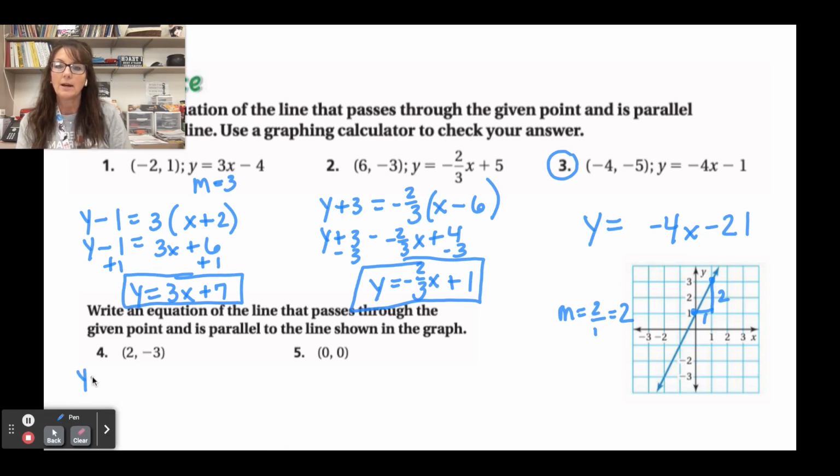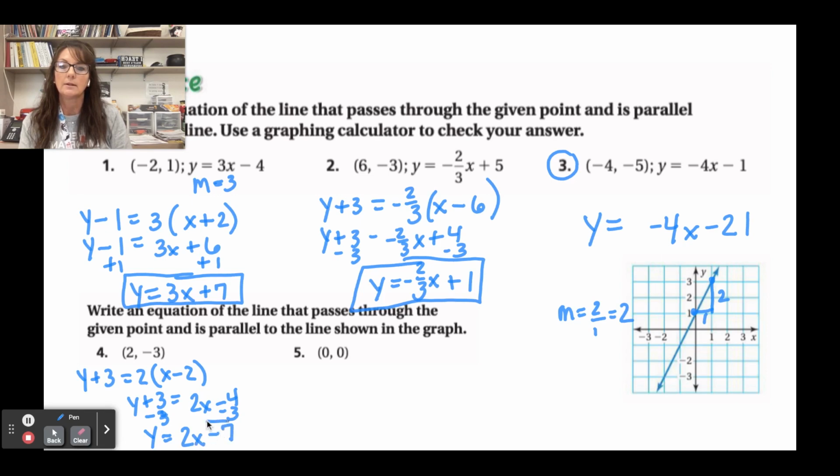So we'll have y plus 3 is equal to 2 times the quantity x minus 2. So y plus 3 equals 2x minus 4. Then we're going to subtract 3 from both sides. And our final y is equal to 2x minus 7.